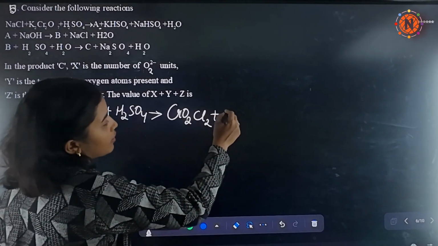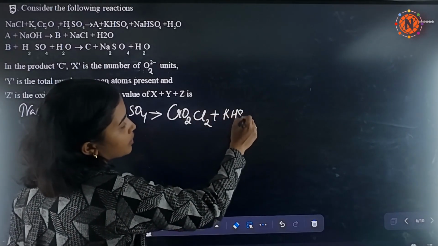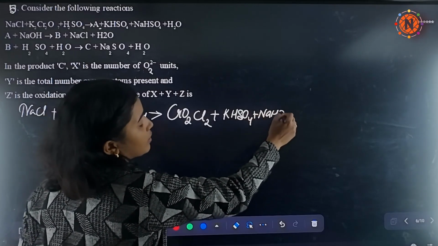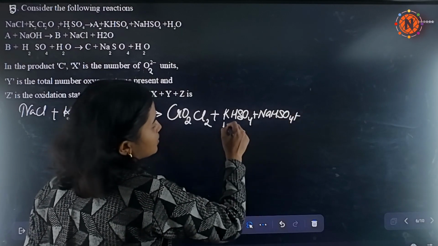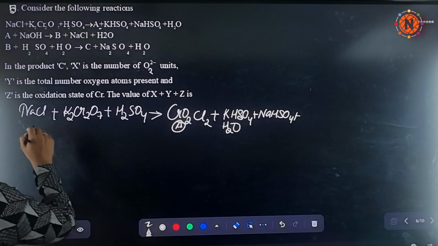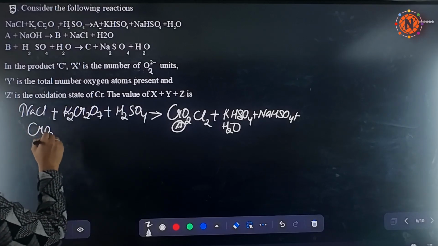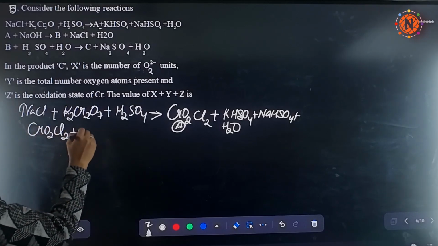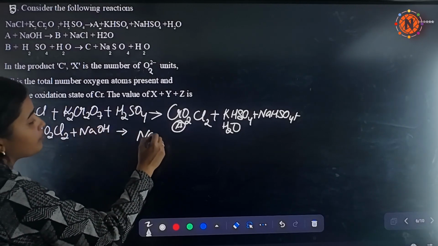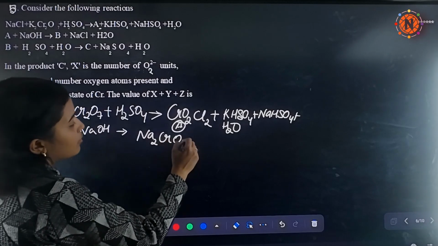This chromyl chloride also gives some byproducts, which are written in the form of questions. Still, I am writing it here. So this is compound A. Now when compound A reacts with sodium hydroxide, it gives a yellow solution of sodium chromate.